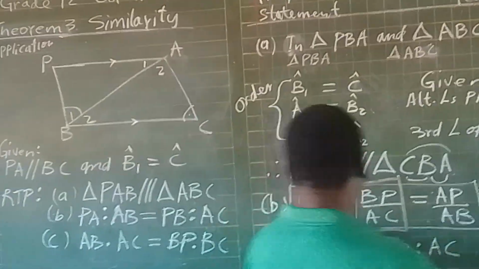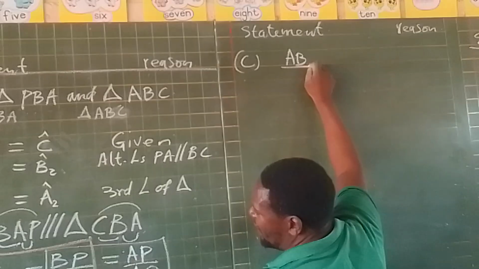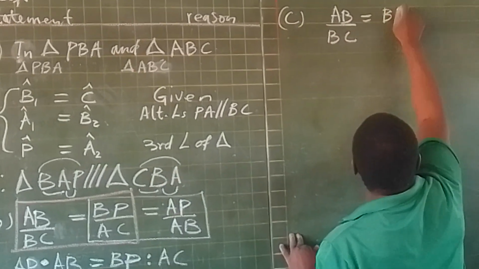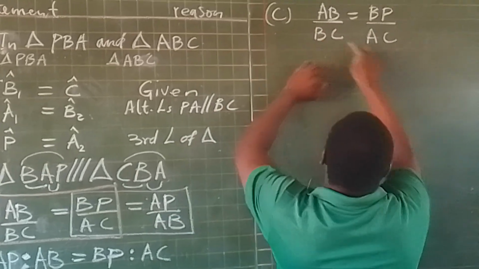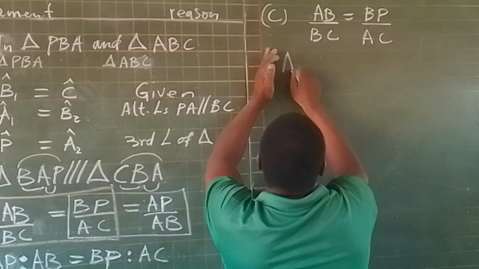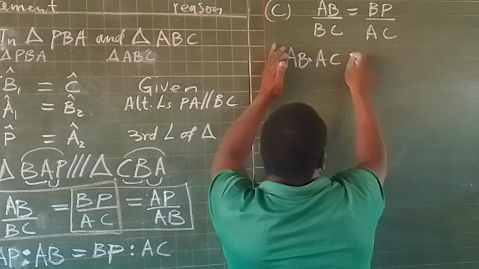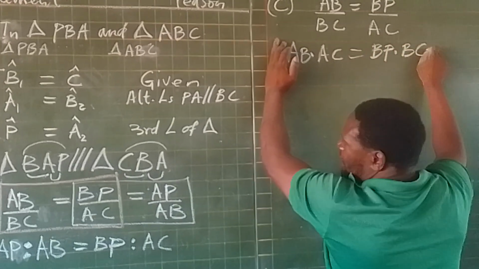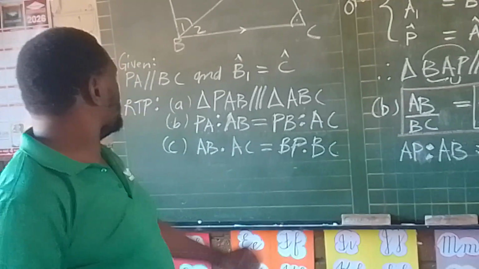Now you are going to say AB over BC is equal to BP over AC. Now we cross multiply: AB times AC is equal to BP times BC. There you go. AB times AC equals BP times BC.